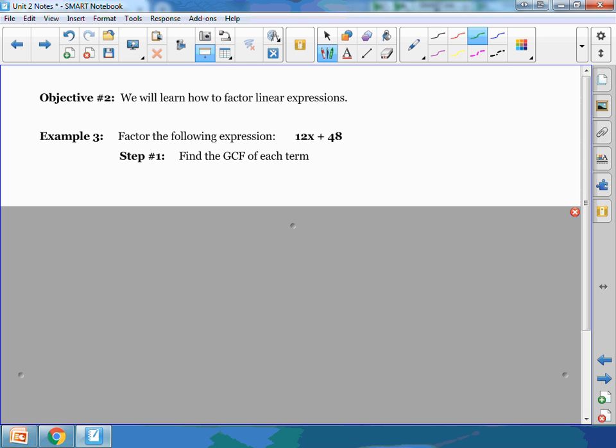Well, when you arrange them into a rectangle, what you're going to notice is that the number of rows, and I'm just making this example up, this isn't necessarily for this one, the number of rows that you have would represent one of the factors. I'll show you what we mean by that here in a minute. So look at 12x and 48. Step 1 says let's find the greatest common factor for those two terms.